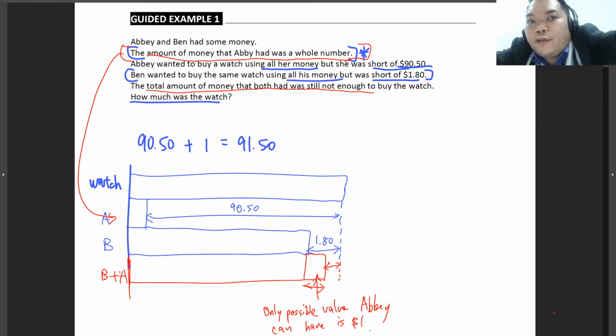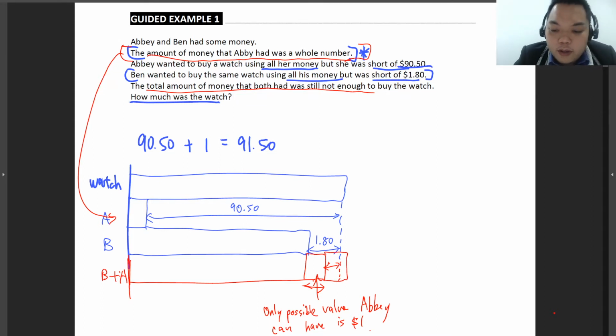So let's break that down first. This is where you got to read between the lines of what it means. If it were to be 2 or more than, as long as it's more than 1, you would definitely have enough money to buy this watch if they were to pool up their money together.